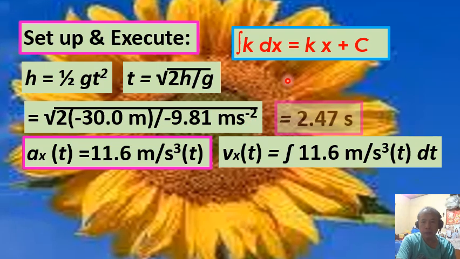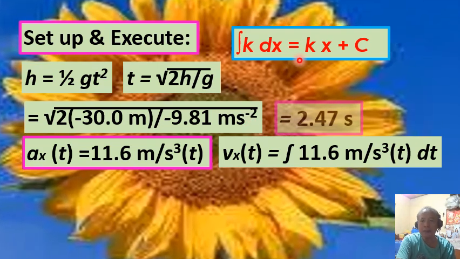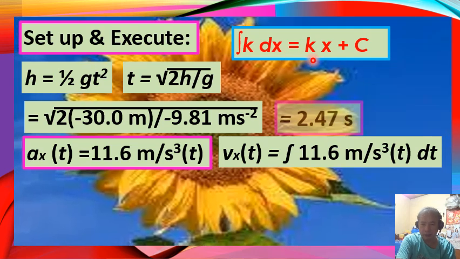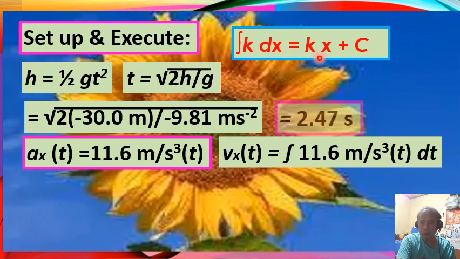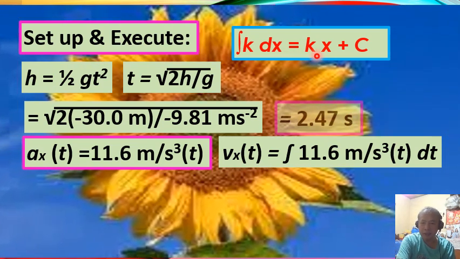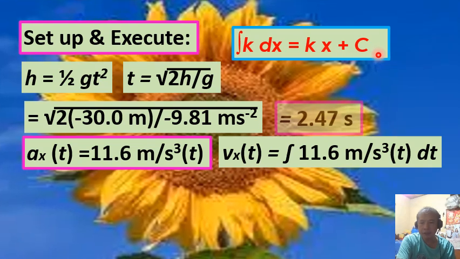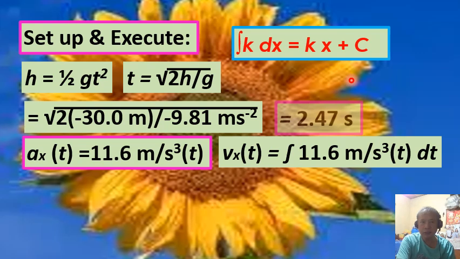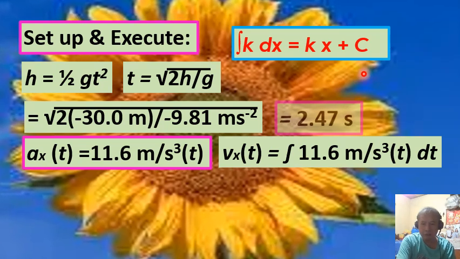First, we have the integral of a constant, k dx, which is just equal to the constant k times x plus capital C, where k is a constant and capital C is the constant of integration.